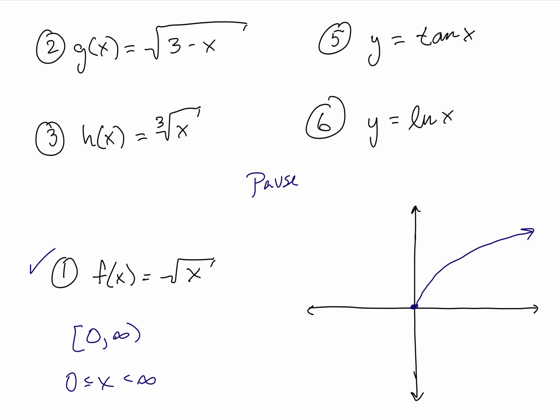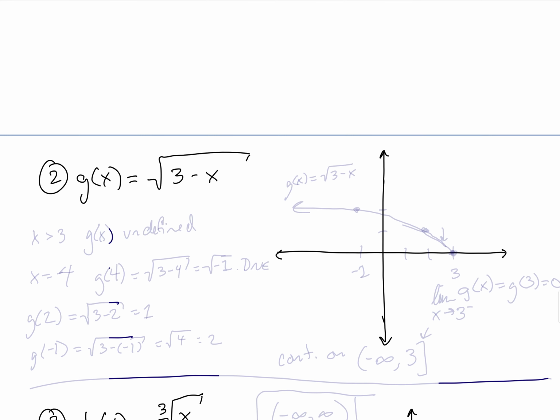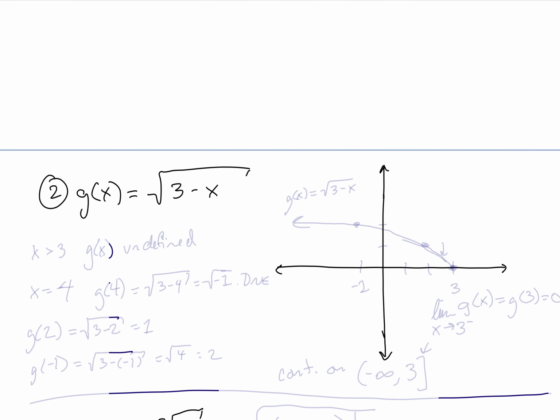For the next one, we've got g of x equals the square root of 3 minus x. So this is going to be a really similar function, but let's just see what it's doing. If we put in any value x greater than 3, then we see that g of x is going to be undefined.